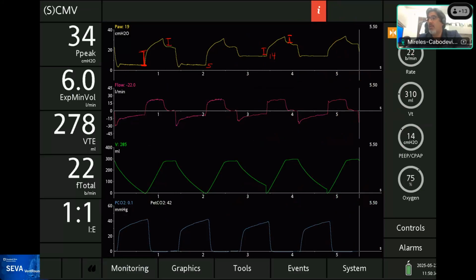That means the airways are collapsed, and you need to increase the pressure until you pop them open, and then the volume can go in.